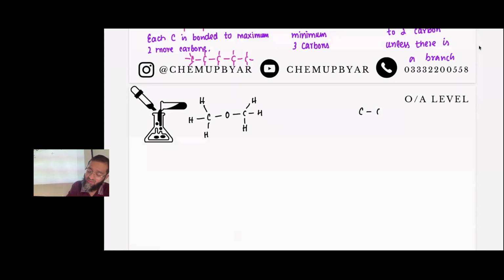If we complete this structure, I can consider this one as a hydrocarbon. So this one is not a hydrocarbon because there is one more element except hydrogen and carbon, and this one is a hydrocarbon.